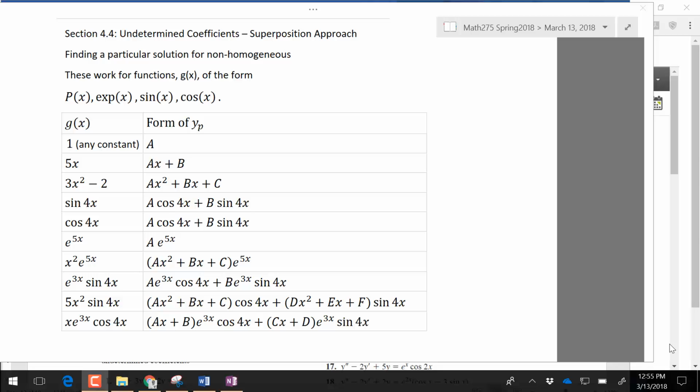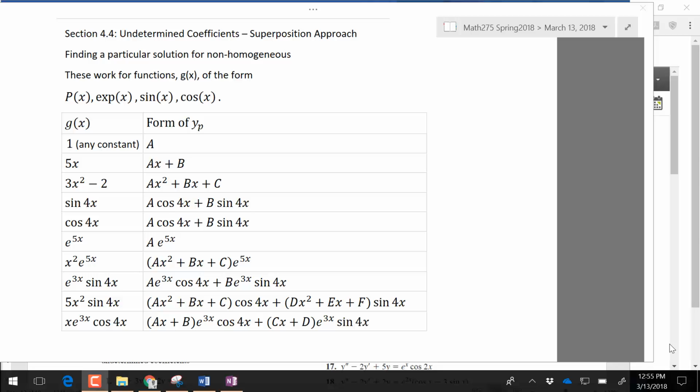If you have an x, technically that is a linear function, a polynomial of first degree. And so what we want to do is replace the polynomials with as general a polynomial as possible. If you have a linear polynomial, the general linear polynomial is mx plus b or ax plus b, so you have two coefficients.